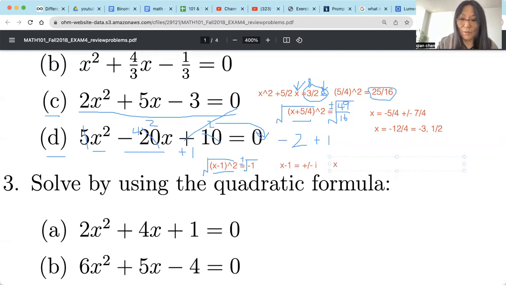Then we move -1 to the other side. We get 1 plus i as a solution and 1 minus i as a solution. Or you can write it as x equals 1 plus or minus i. So two complex solutions for D.